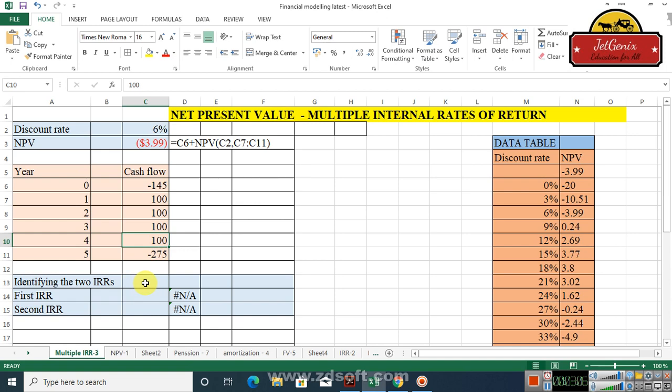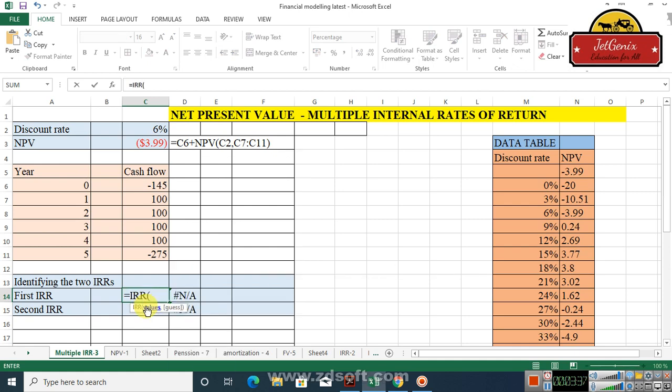In the books of Brigham and Ehrhardt, we have read that for this kind of cash flow the IRR is impossible to calculate, but in Excel we are able to calculate the two IRRs of this cash flow stream. For the first IRR, which means the lower IRR, I'm going to type equal and then IRR.